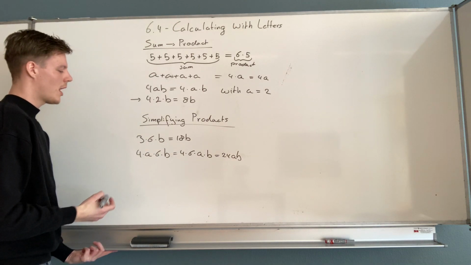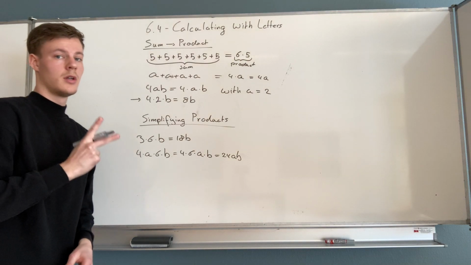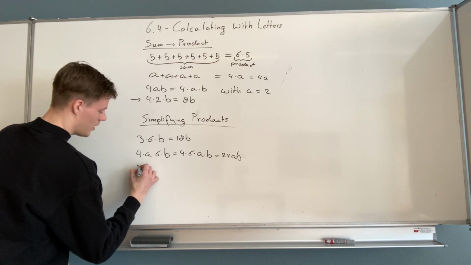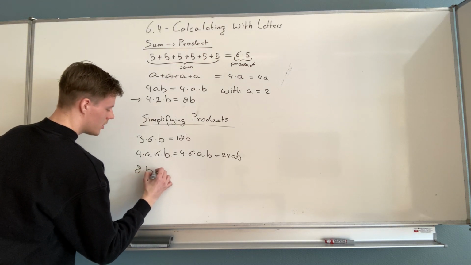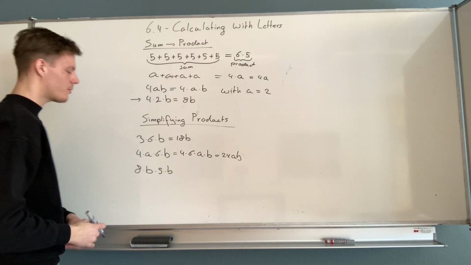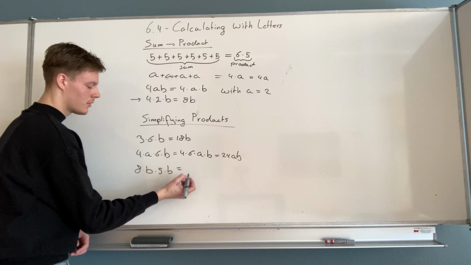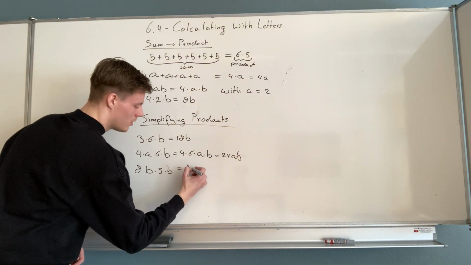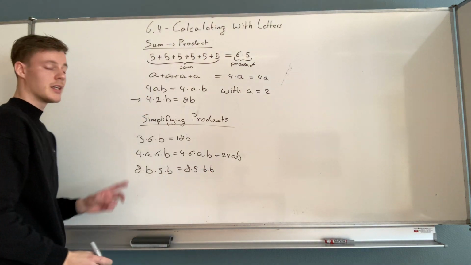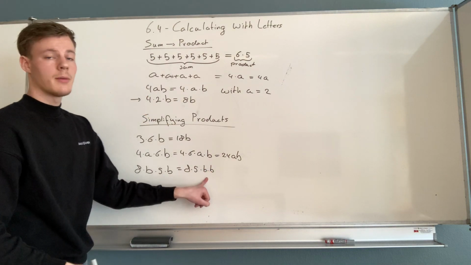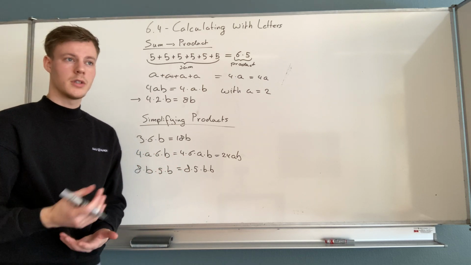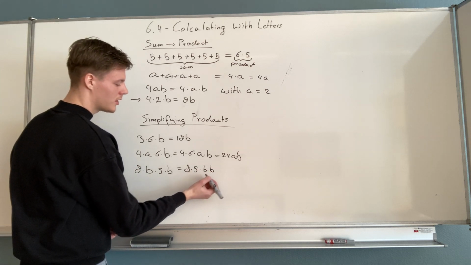Okay, now what happens if we have two letters that are the same in this multiplication? Let's say 8 times B times 5 times B. Let's rewrite this, which gives us 8 times 5 times B times B. Well, in this case, you know that B times B can be shortened because a number times itself gives a power, a square in this case.